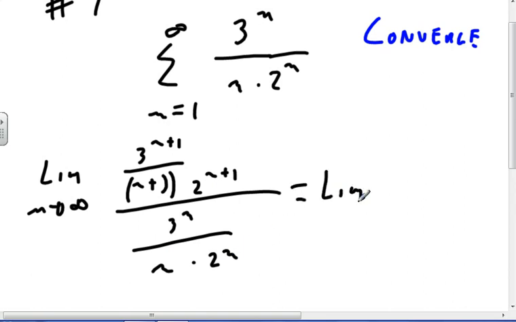Limit as n goes to infinity. Okay, I'm going to invert and multiply. So I'm going to have a 3 times n divided by 2 times n plus 1.